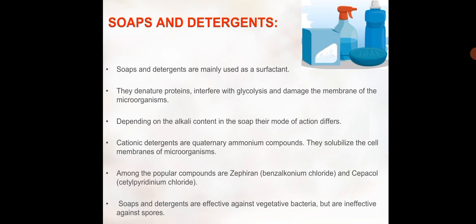They solubilize the cell membrane of microorganisms. Among the popular compounds are Zephiran, that is benzalkonium chloride, and Cepacol, that is cetylpyridinium chloride. Soaps and detergents are effective against vegetative bacteria but are ineffective against spores.